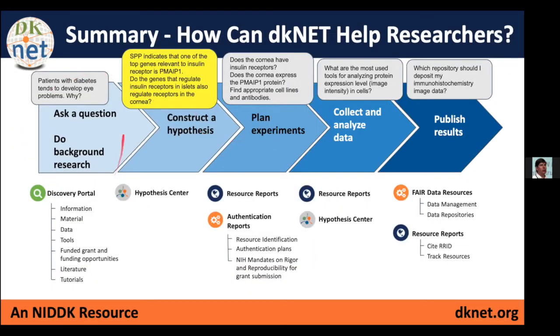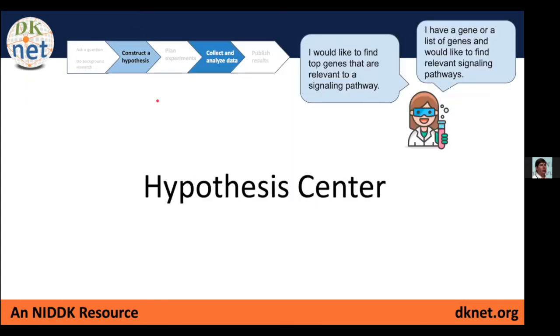So again, you may do some background research using the Discovery Portal, but then you're potentially interested in some genes that were outlined in some of the literature or the clinical trials or other information from the Discovery Portal. And so, using SPP, you can start refining that hypothesis.